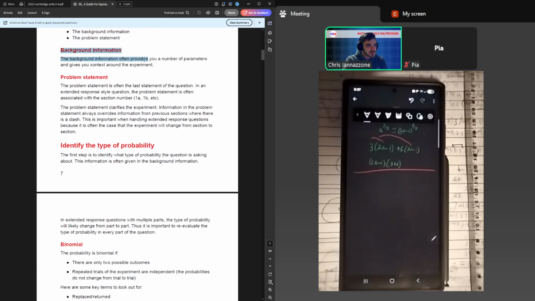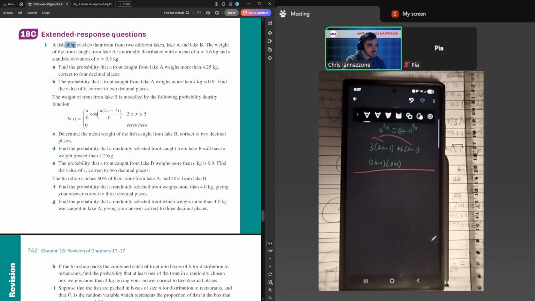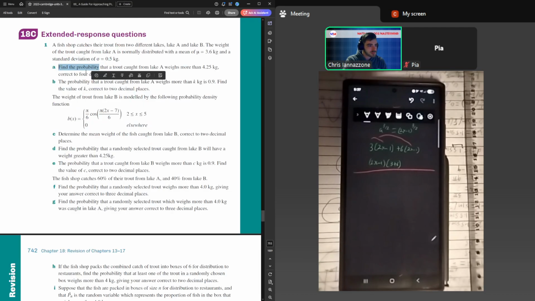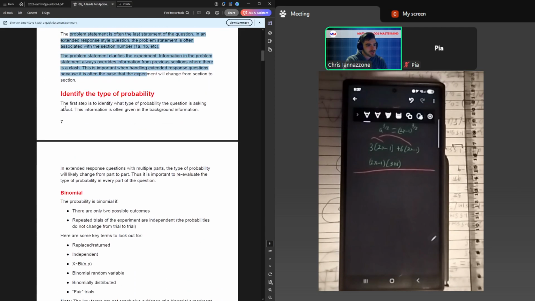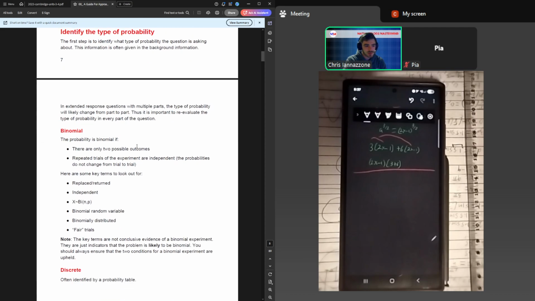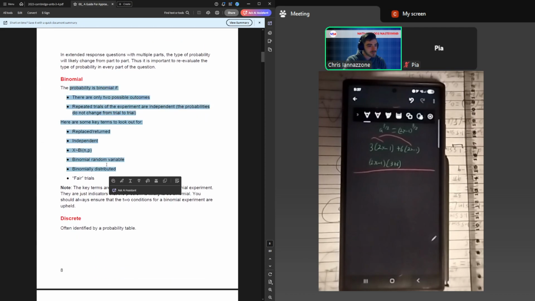Fundamentally, you're going to have some sort of background information, like it's a fish shop, there's normally distributed stuff, and then there'll be the actual problem statement itself, like section A, section B. The first thing you want to do once you've identified those key pieces of information is figure out what type of probability you actually have. I've got a few guidelines as to how to figure that out.